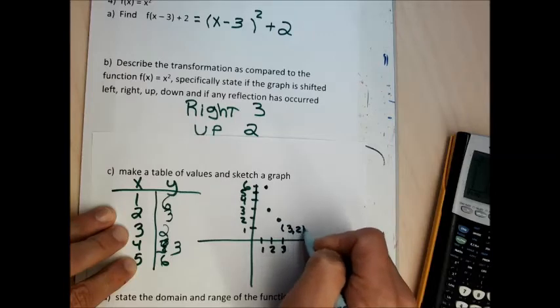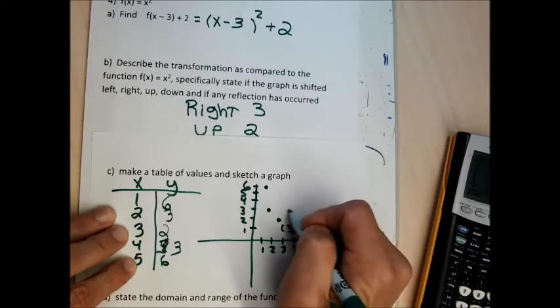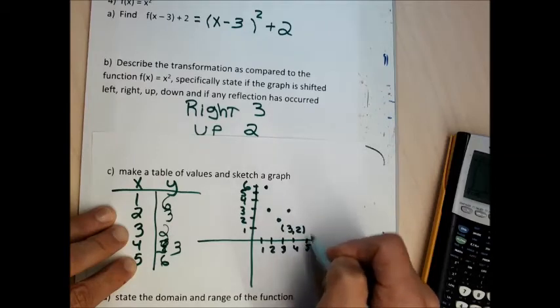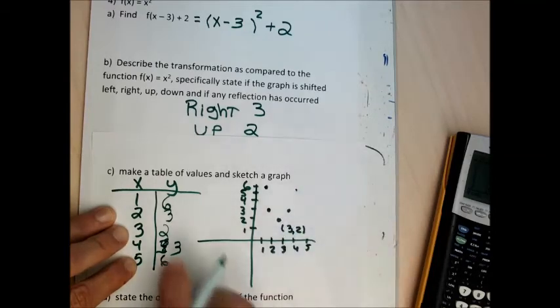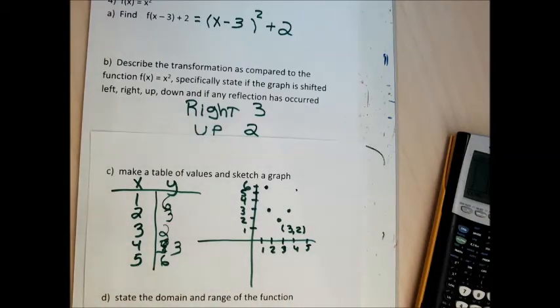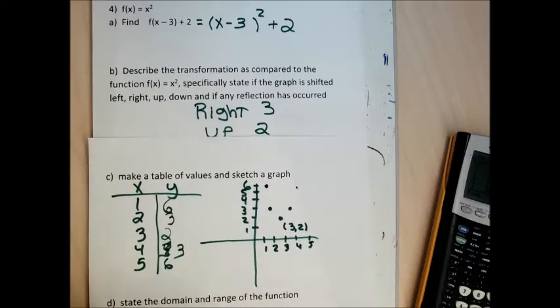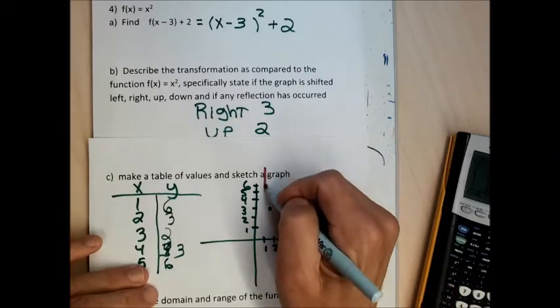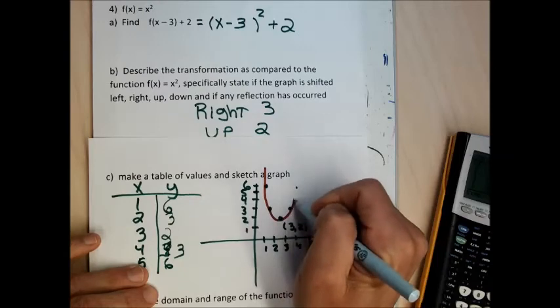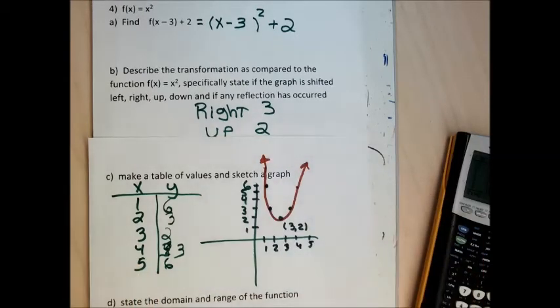I'm actually going to write that point down just because that's a habit of mine. And then the point 4, 3, and 5, 6. So those are the 5 points that I have here. I'm going to connect those points with a parabola, and I'll be done with part C. So this would be a reasonable graph for part C.